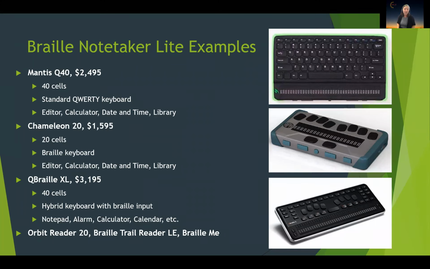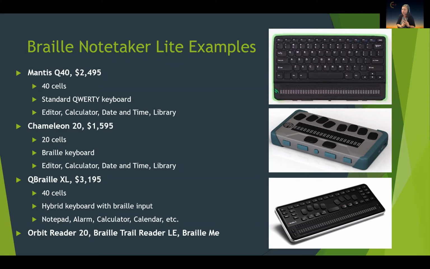Then there's the Q-Braille XL, which comes in at $3,195, and this is a HIMS product. So it's 40 cells, and it's kind of this marriage between a QWERTY keyboard and a Braille keyboard, which is pretty cool. The keys on the Q-Braille XL have function keys that go across the top like a QWERTY keyboard.